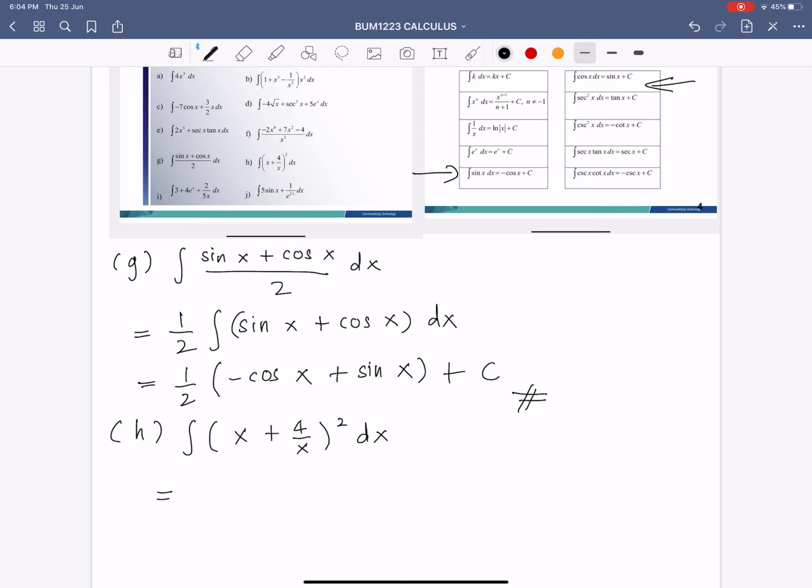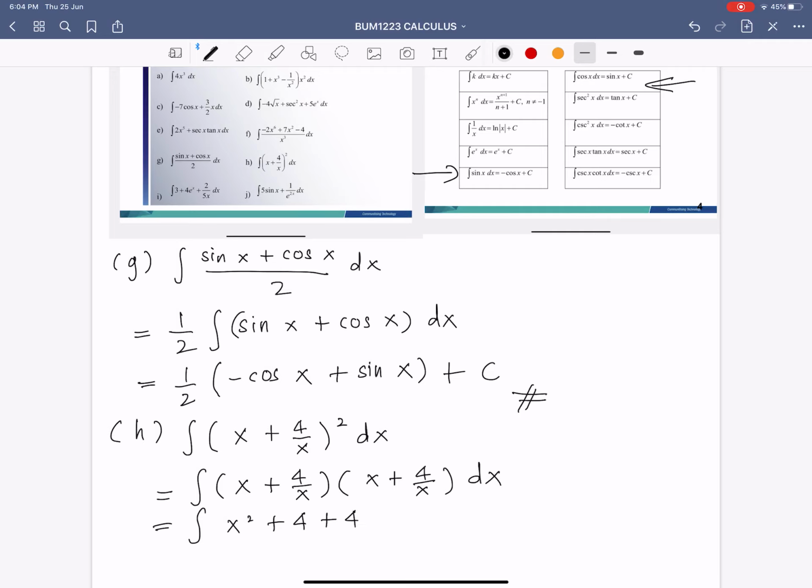So when we expand, what we actually do is x plus 4 over x times x plus 4 over x dx, where this is equal to, okay, x times x is x squared. Sorry, I missed the integration, x squared. And then x times 4 over x is plus 4. And then 4 over x times x is plus 4.